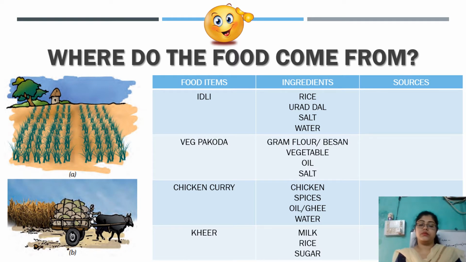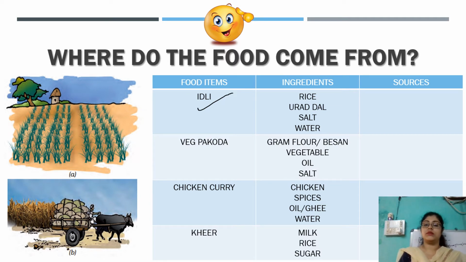Students, different food material comes from different sources, right? Some comes from plants and plant products, and some comes from animals and animal products. So where does the food come from? If you take the example of idli, what are the ingredients to make idli?